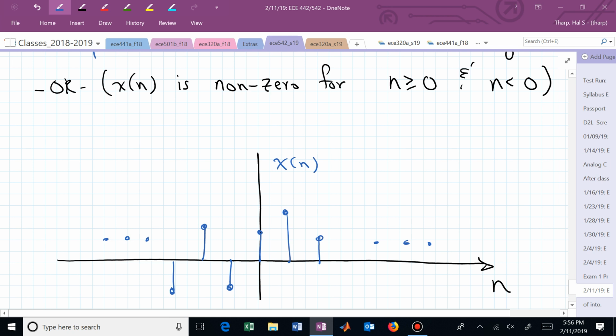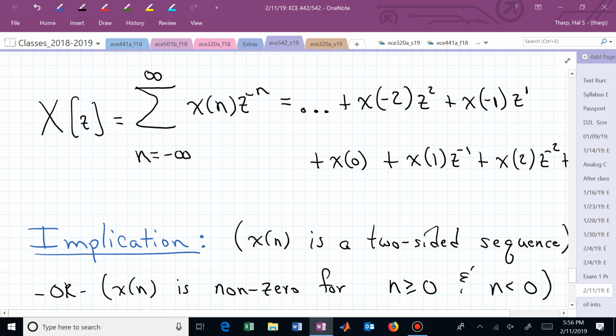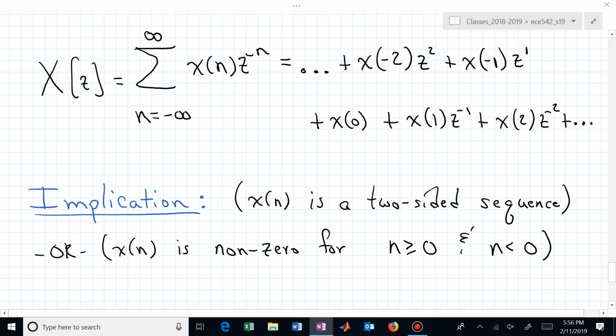We can have values on either side of n equals 0. And we have to have, if X of z exists for this kind of a sequence, then it's really a tale of two tales.